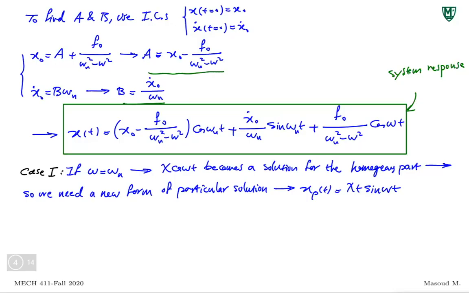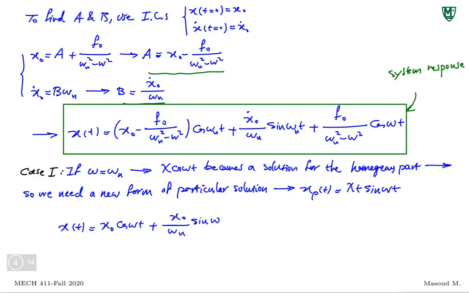Most of it goes back to differential equations, but I don't want to go through the whole process again. If you do this, plug it in, and find the coefficients, everything holds up. If you use initial conditions again to find A and B, following the same process, you will get the general form of the solution. You'll get x naught cosine omega t plus x naught dot over omega n sine omega t. This part doesn't change.